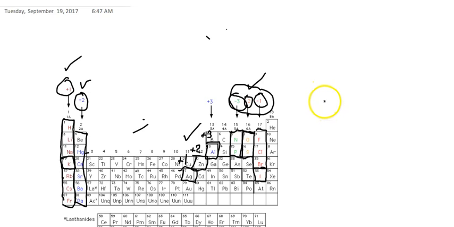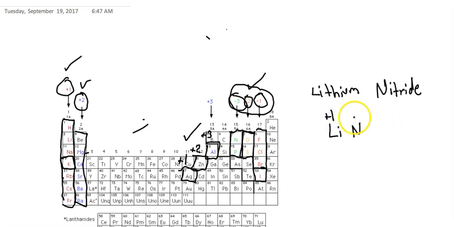So we are going to do lithium nitride. For this one, we know we have lithium, Li. We have N. Lithium has a positive 1 charge, and nitrogen has a negative 3 charge. So if we do our crisscross method here, we bring our 1 and our 3 down diagonally across, and we get Li3N1.